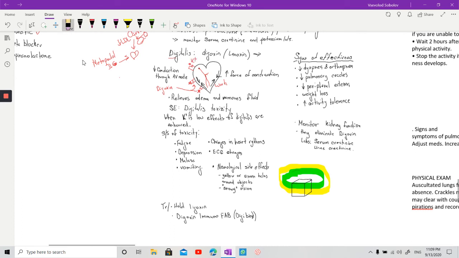Again, there's less potassium in the body because the patient took too many diuretics. That receptor is available, and digoxin will bind here too.